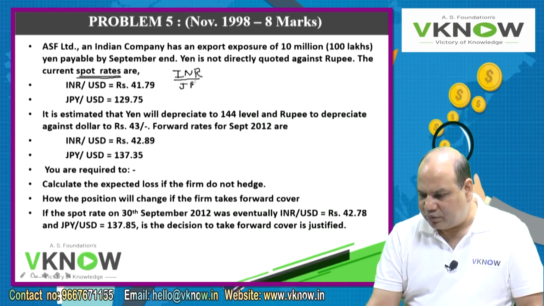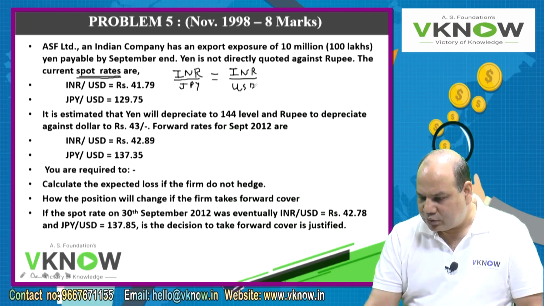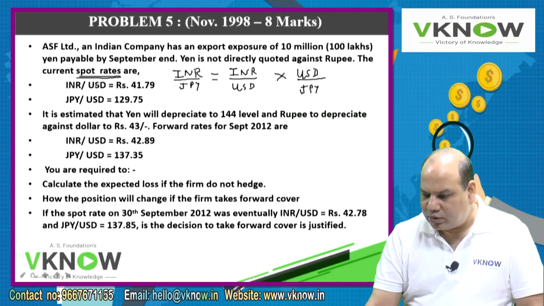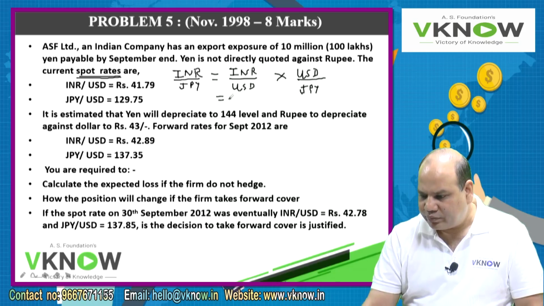INR per JPY will be found out by INR per USD into USD per JPY. INR per USD is given, 41.79.